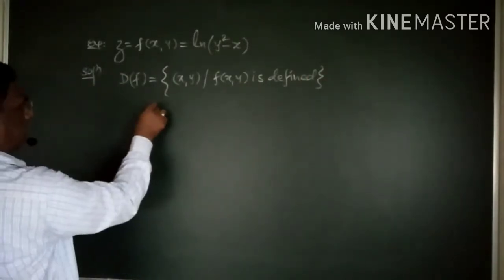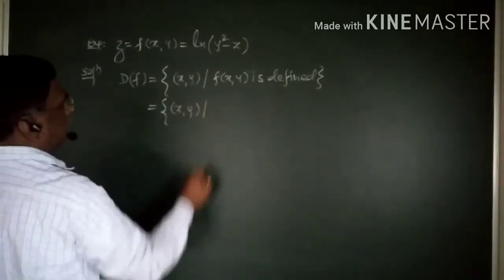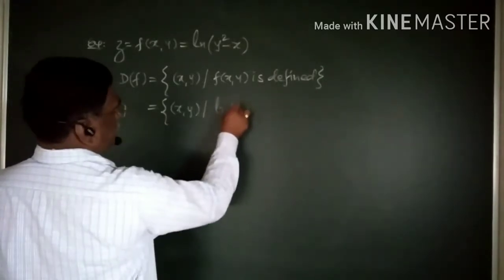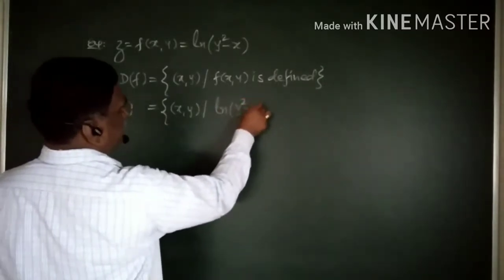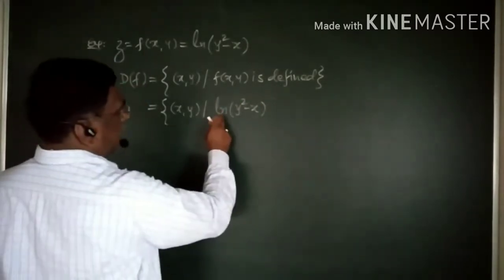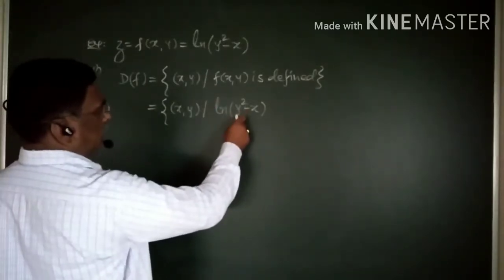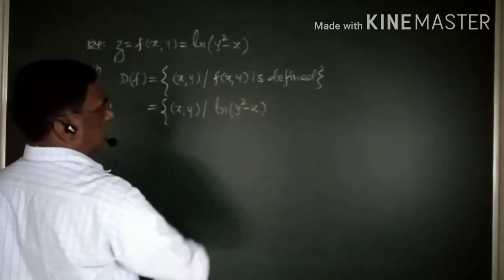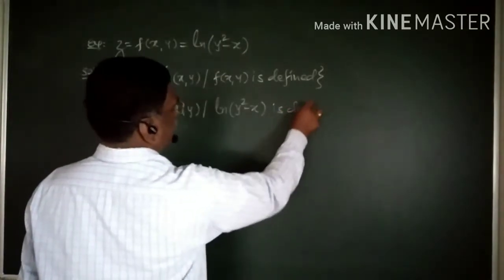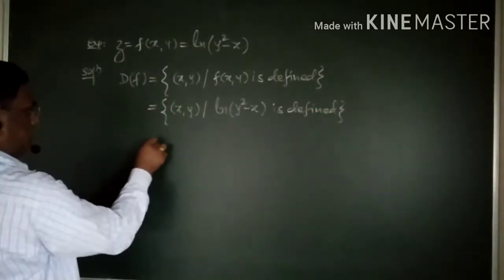Well, now here in this case, f of x y is defined as ln of y square minus x. In fact, the logarithm of some function is defined only when it is positive.